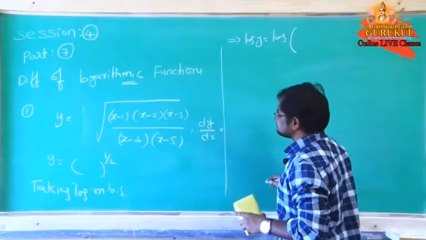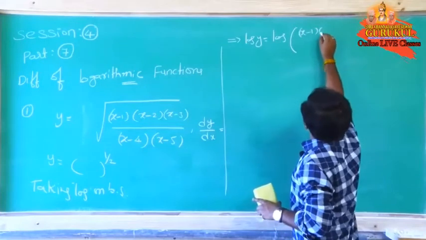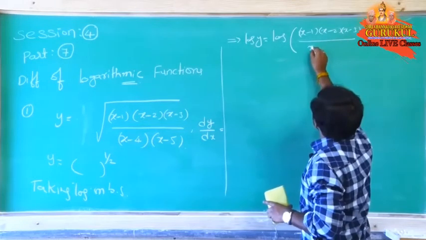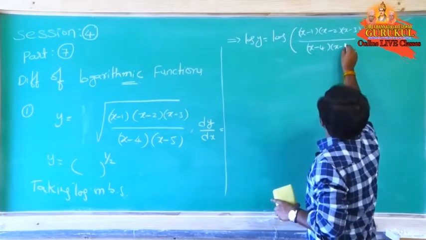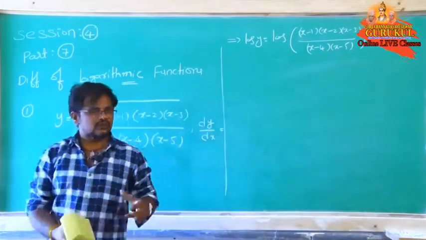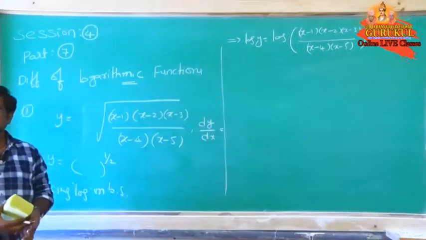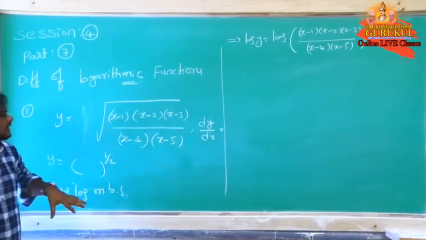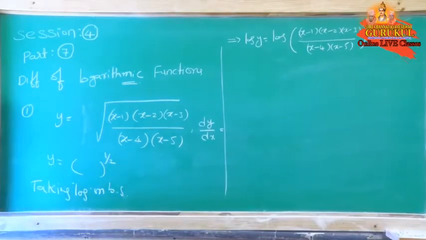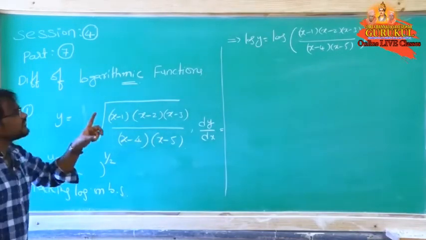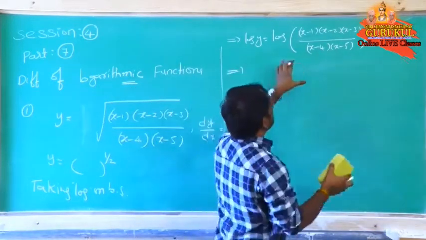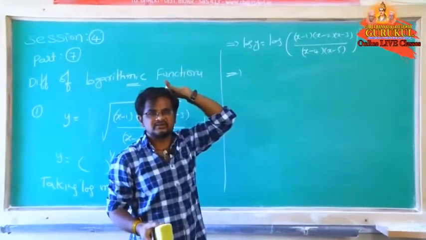Log of x minus 1, x minus 2, x minus 3 divided by x minus 4 into x minus 5, whole to the power of 1 by 2. What we did? y equal to root is there. This root, what we have to take? Whole to the power of 1 by 2 we can take. Now taking log on both the sides. Now if you take log on both the sides, so what we have to do? Log y equal to log of whole to the power of 1 by 2, right?